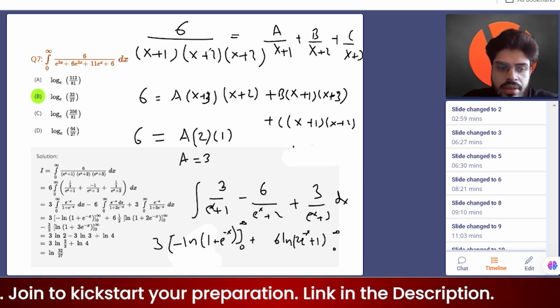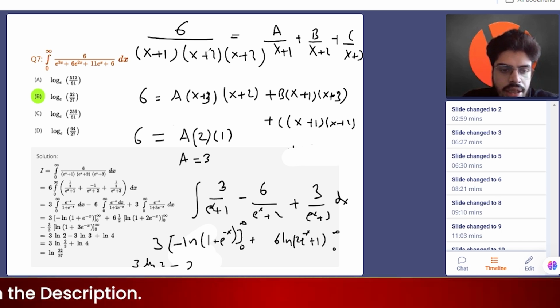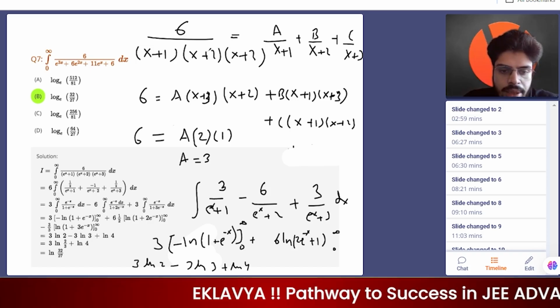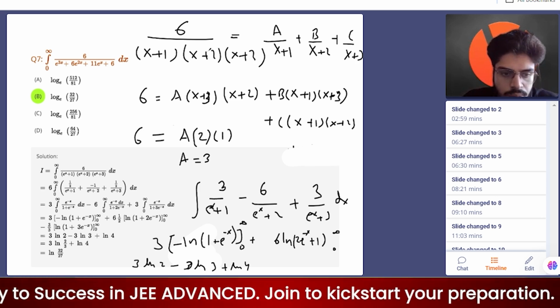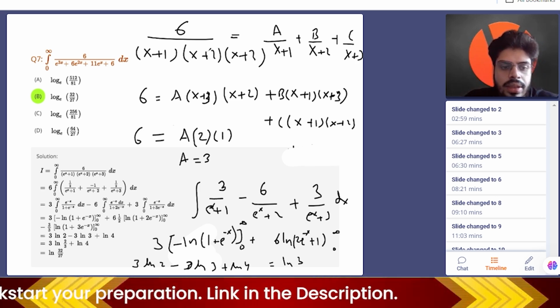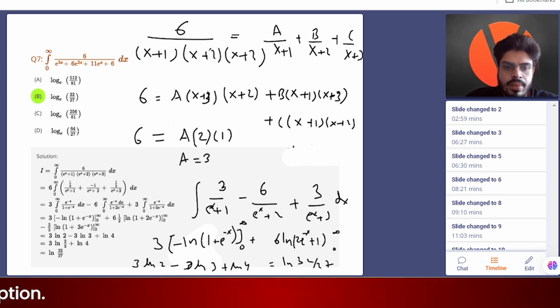Same thing with the third part also. So when you put the limits, you will get 3 ln 2 minus 3 ln 3 plus ln 4. So the answer, you can multiply it: this 3 will go to the power, and this will also go to the power, and we'll get ln of 32 by 27.